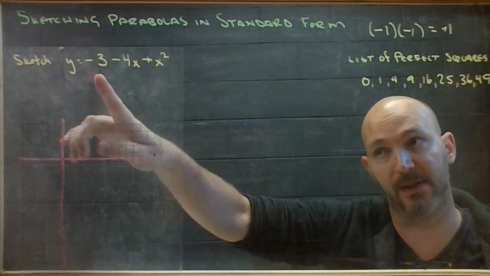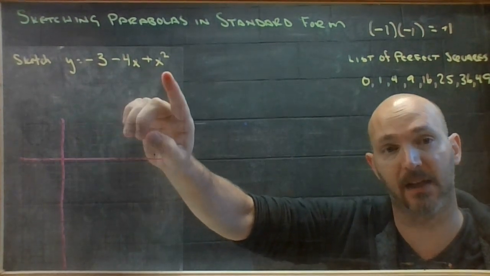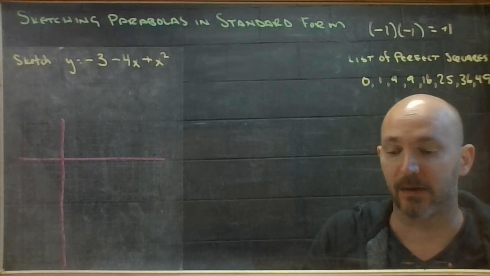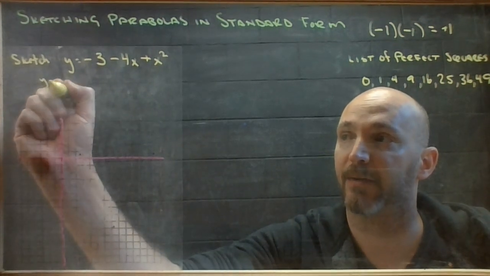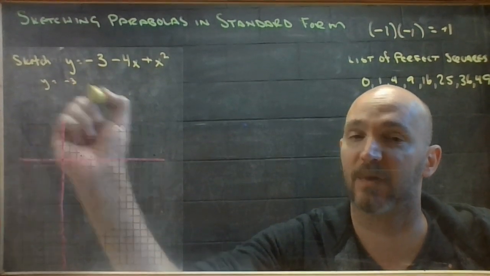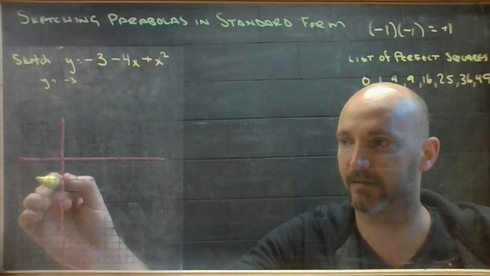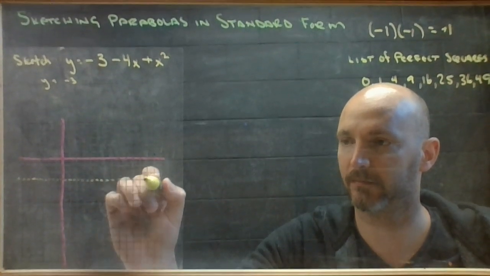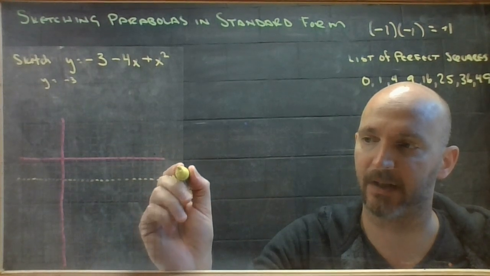We're going to try this one. Sketch y equals -3 minus 4 times the x value plus the x value squared. So I'm going to start with y equals -3. So I find that place, -3, and I just dash it across. It's going to acknowledge that's y equals -3.